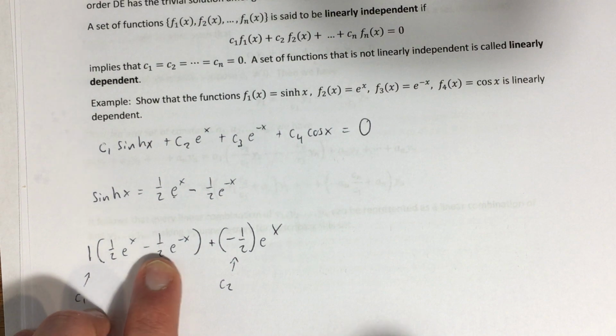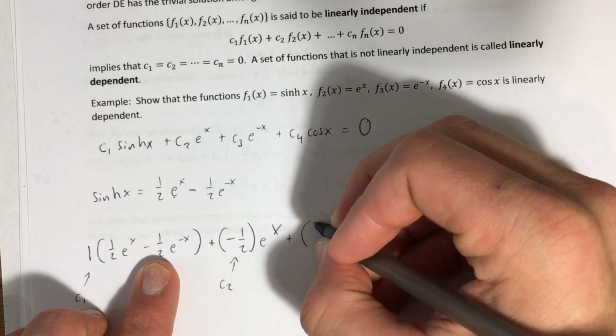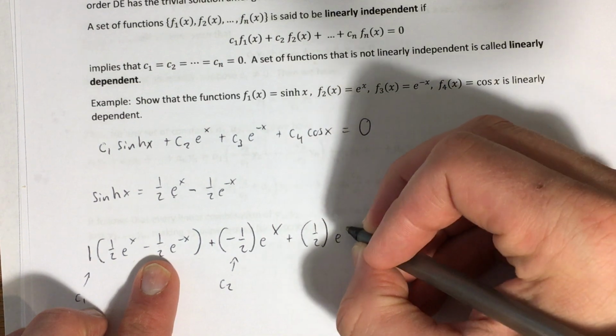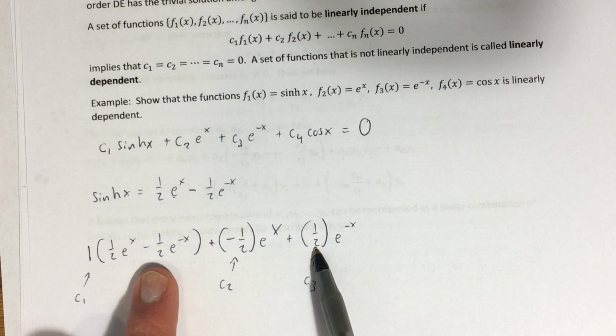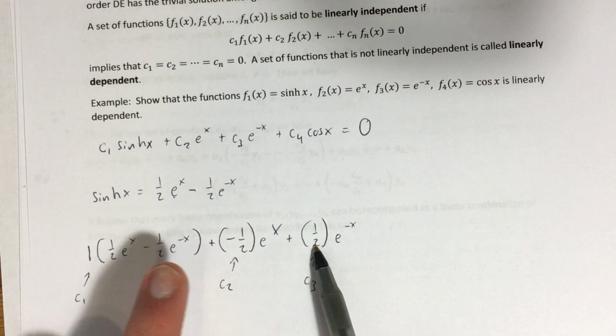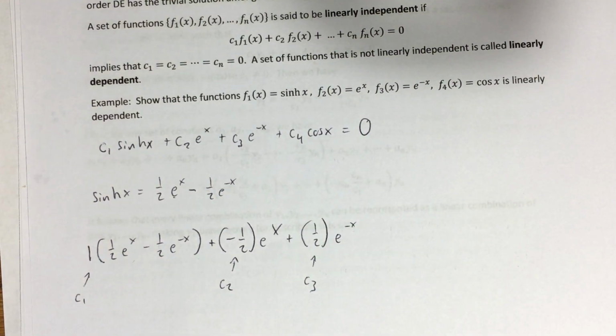Similarly, I have a negative 1/2 e to the negative x showing up here. If I chose a positive 1/2 for C3, that negative 1/2 e to the negative x and this positive 1/2 e to the negative x, those two terms are going to zero out also.